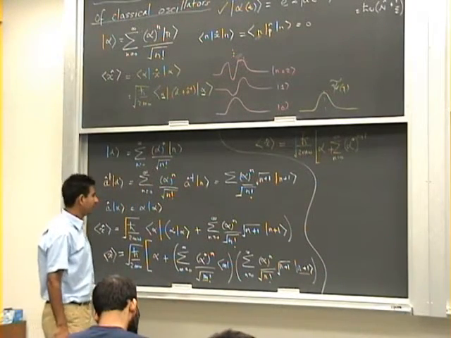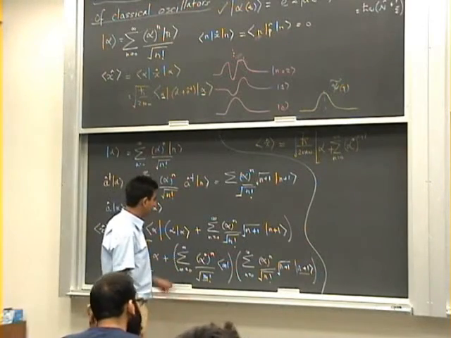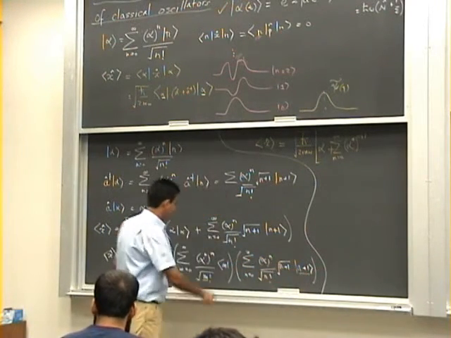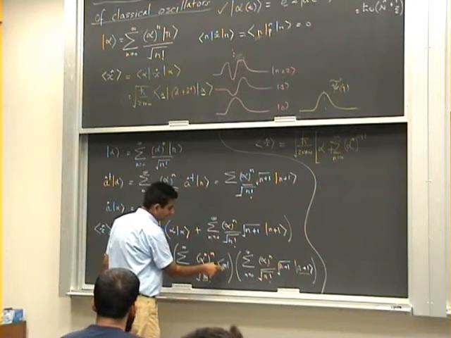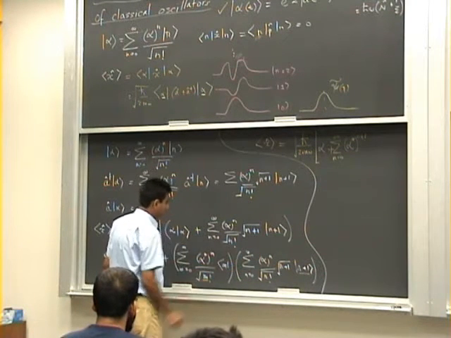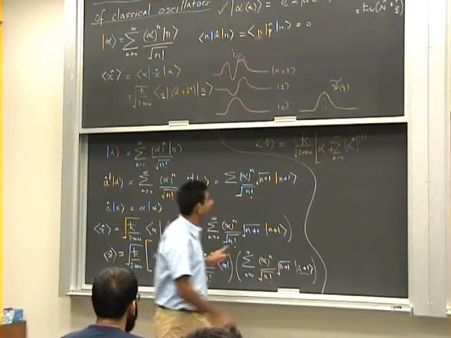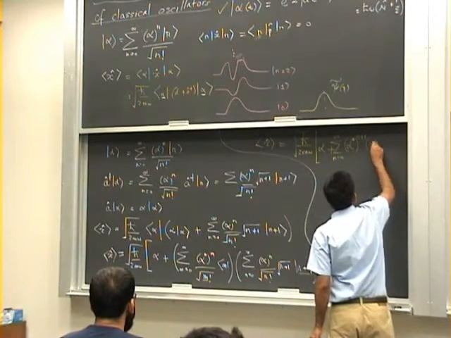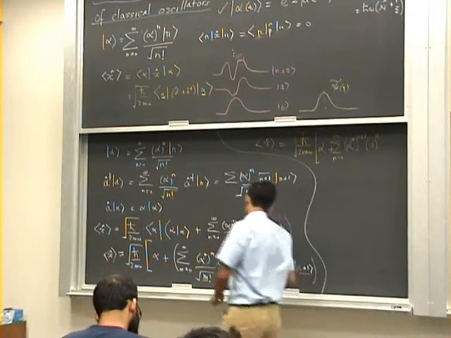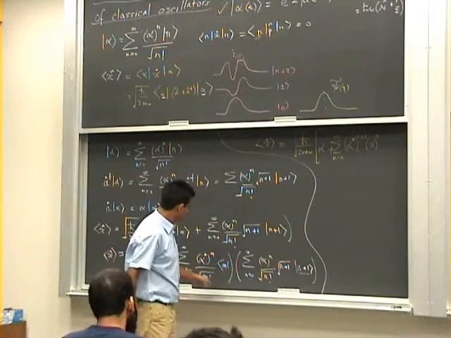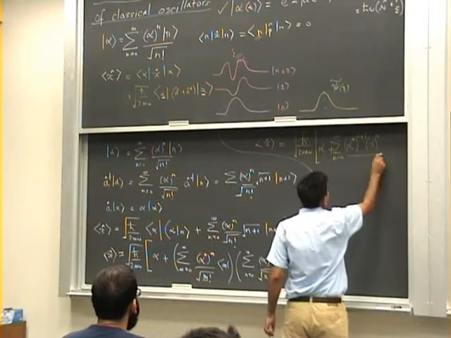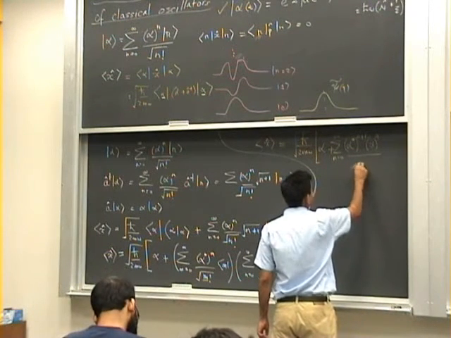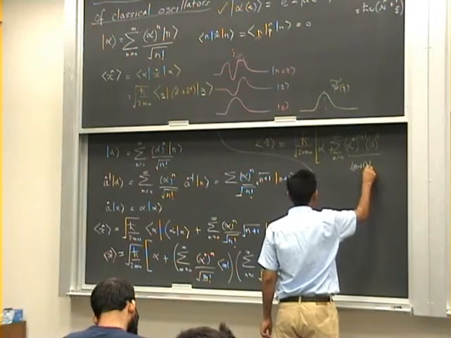Right? For example, when n equals 0, I will get 1 here. So I will take the inner product of the same 1 with 1. So I will have alpha star m, with m equals n plus 1. I will have an alpha to the power n here. Right? m plus 1 factorial, m becomes n plus 1 factorial.